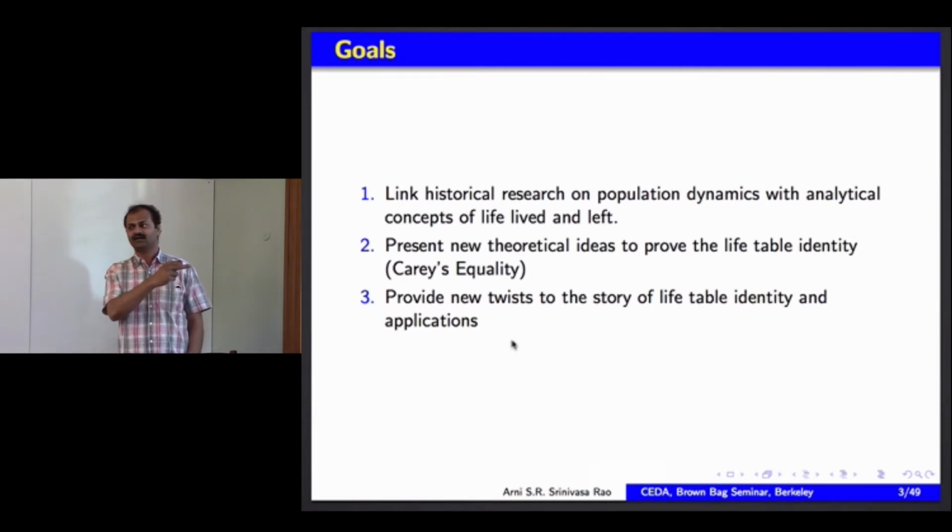Then come back to Carey's equality and the recent 30 years of work on it, and provide some new thoughts on how Carey's equality can be applied in the future.